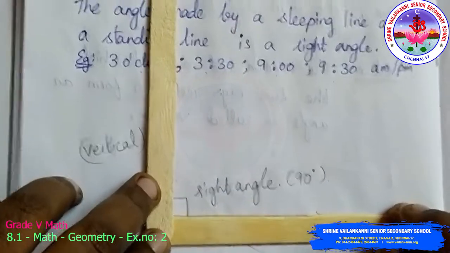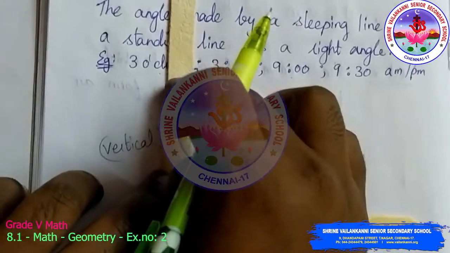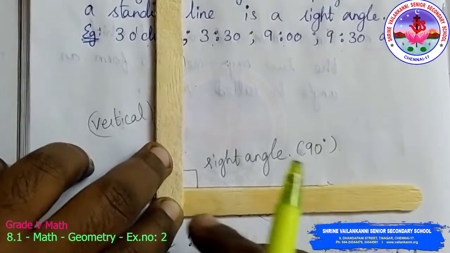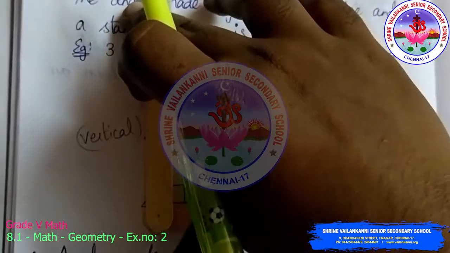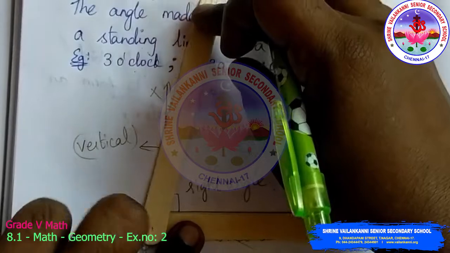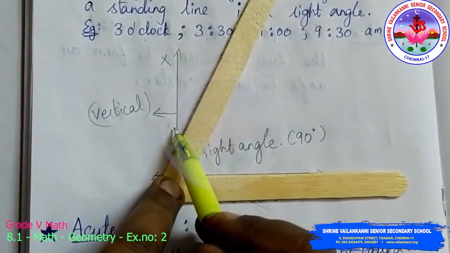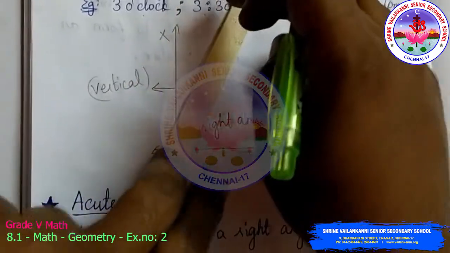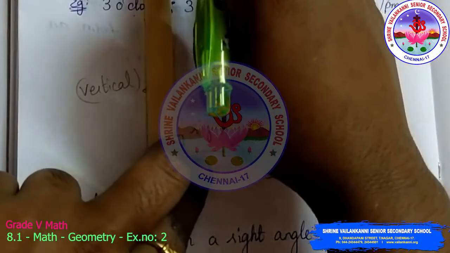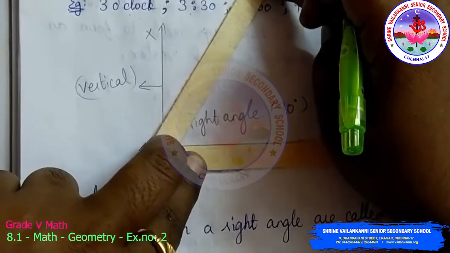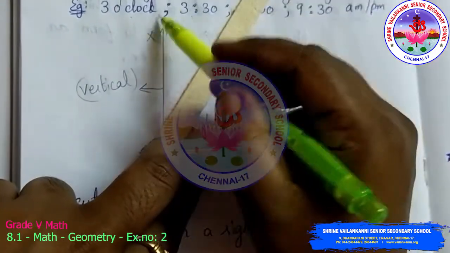This is a right angle, right? A sleeping line and a standing line. Here the right angle shows, and when it is lesser than that, see, this is the standing line moving down. You can see the arms are getting down, which is lesser.